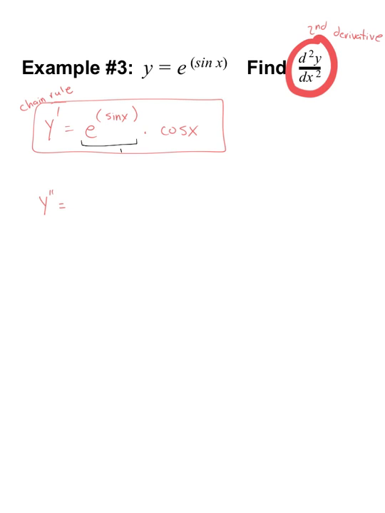This is our first function. This is our second function. So we sing our product rule song, 1d2 plus 2d1. So the first function as is is e to the sine of x. So there is 1. The derivative of the second function is negative sine of x.